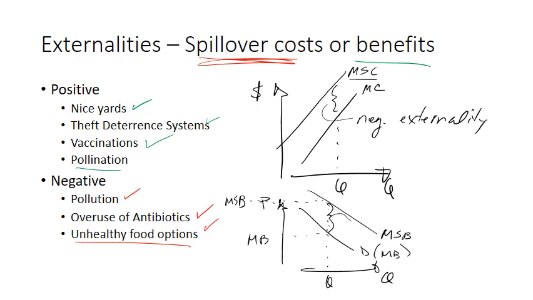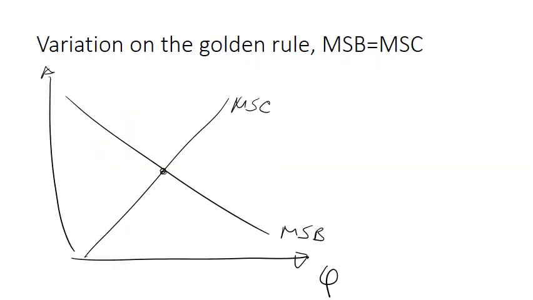The difference between MSB and MB is the positive externality on that last unit. Okay, so we understand that we can adjust supply and demand in order to capture spillover costs and spillover benefits.